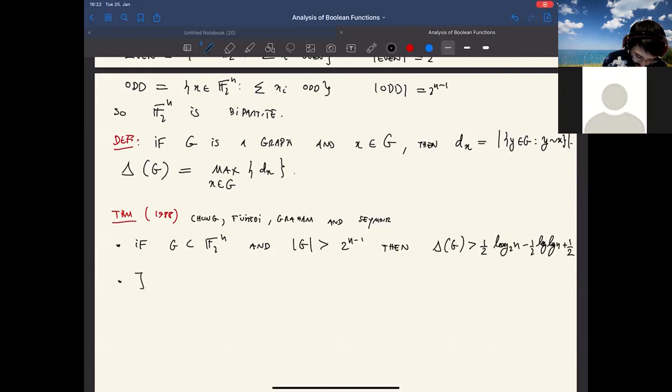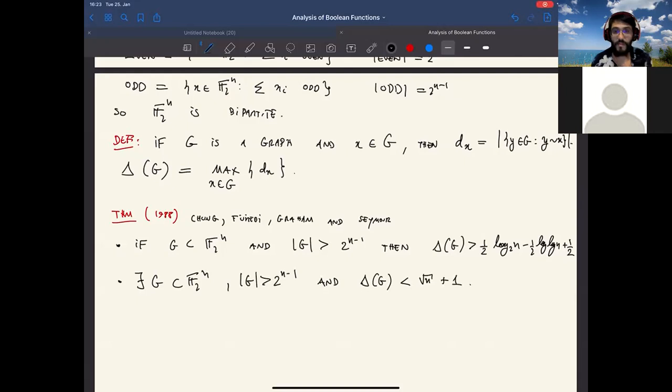And they constructed a G with size greater than 2^(n-1) and degree strictly less than the square root of n plus 1. So they are saying that although you need to have that thing, there is a guy which can be pretty big.